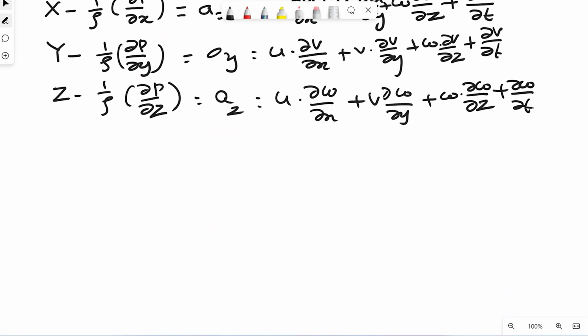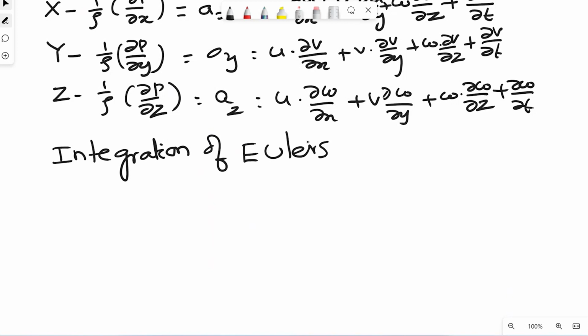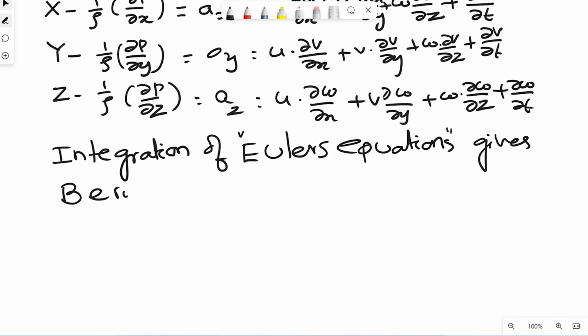So next, integration of Euler's equation gives Bernoulli's equation, and we are working on that.